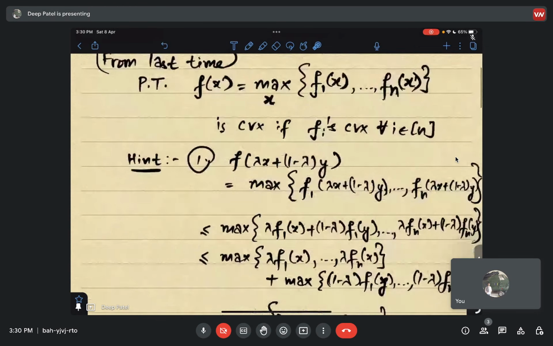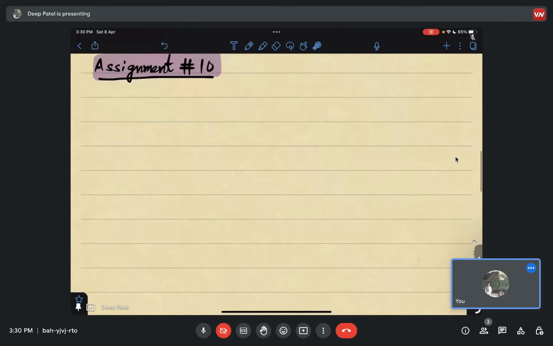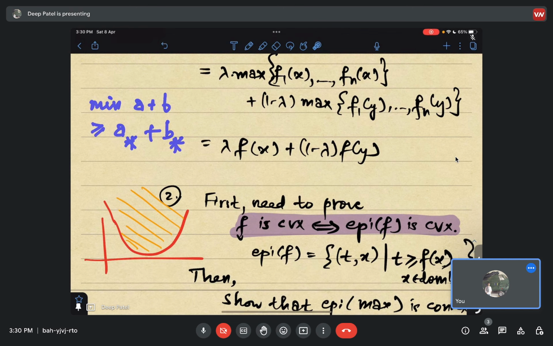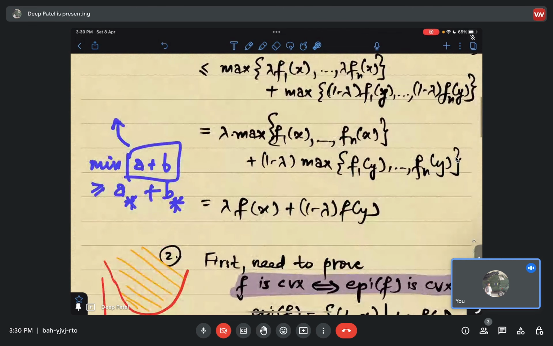Just to go back, I had the minimum of a plus b, which will be what? a lower star plus b lower star, right? Because this thing will be greater than or equal to a lower star plus b lower star.